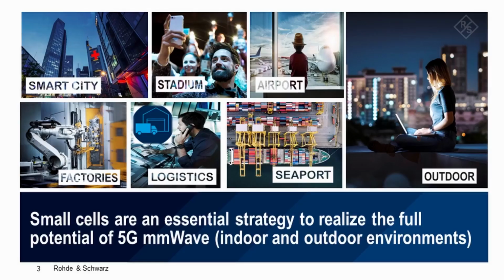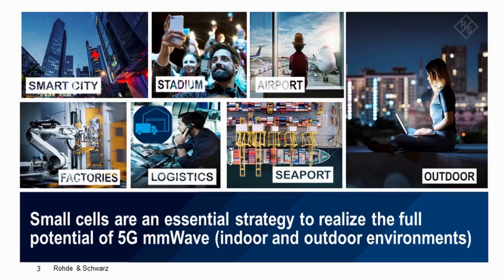Now looking at the opportunities. So with the availability of 3GPP release 16, the vertical industries are adopting 5G for their digital transformation journey. And here the small cells play an important role as private networks are used to cater to these different use cases.